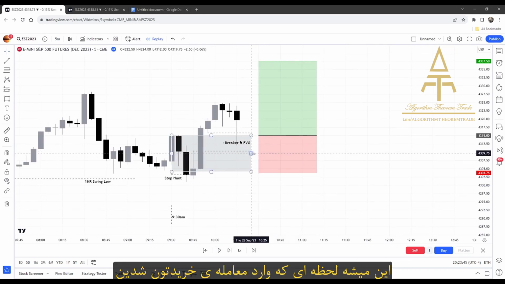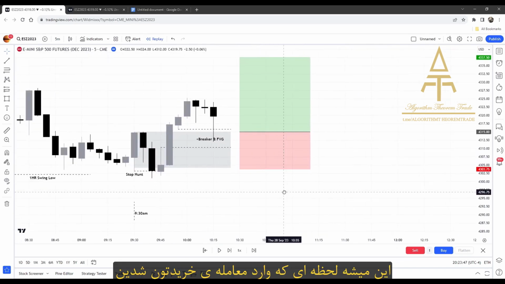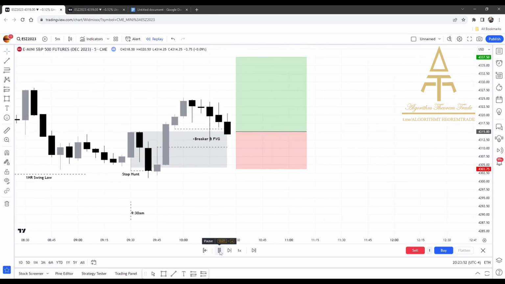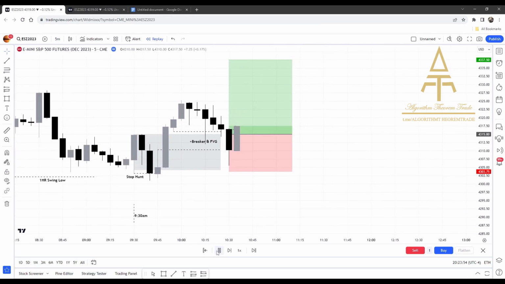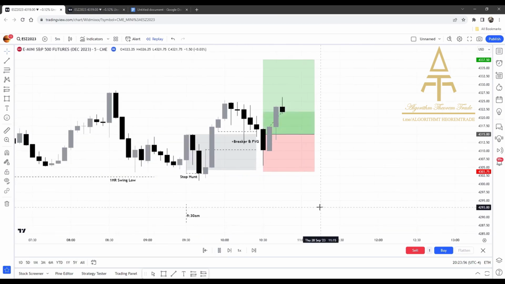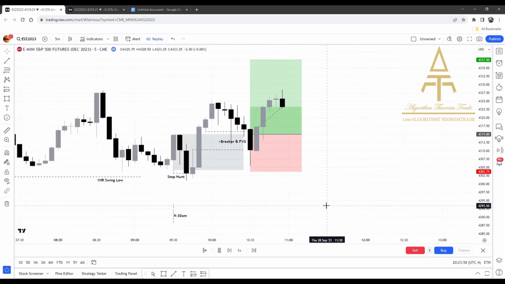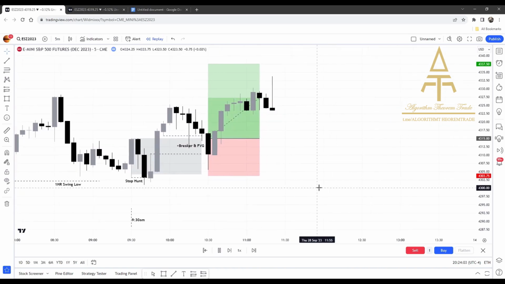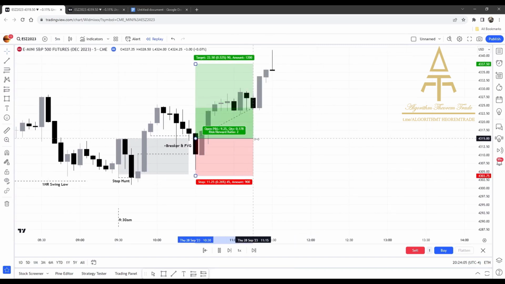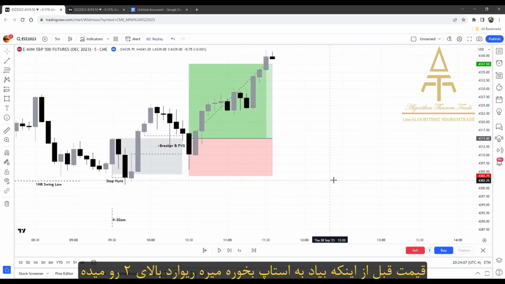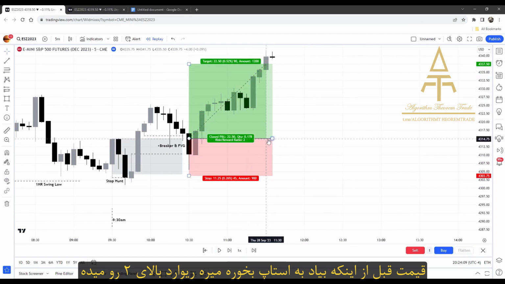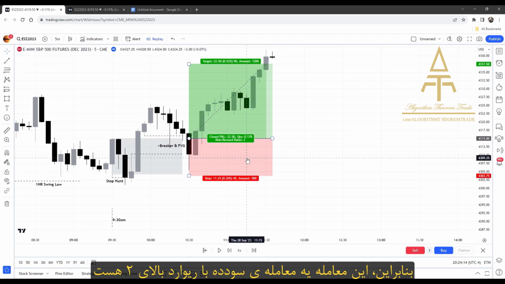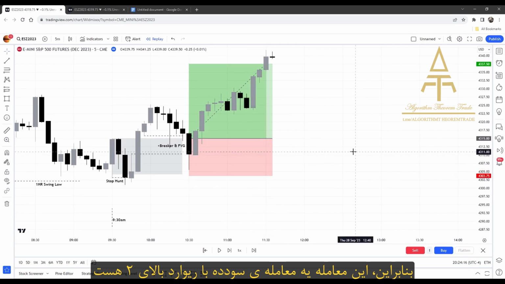This would be the first moment that you would be entered into your long position. Price runs to plus 2R before touching your stop loss. Therefore, this position would result in a win, plus 2R.